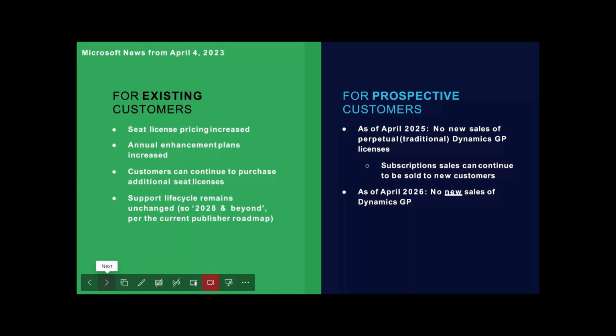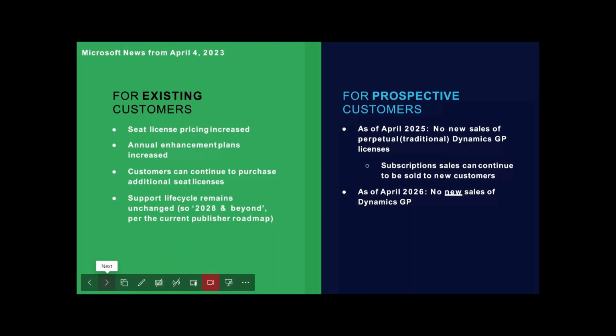So if you are an existing GP customer today, the news from April 4th, 2023 clearly said that you would see some inflationary pressure on pricing and enhancements and things of that nature, but that purchasing seat licenses, perpetual seat licenses for Dynamics GP, and obtaining support from Microsoft and many partners who still support Dynamics GP is the status quo. Very little changed last April with this announcement from Microsoft for existing Dynamics GP customers. I think that's really important to emphasize since they had so little changes in their day-to-day with Dynamics GP.